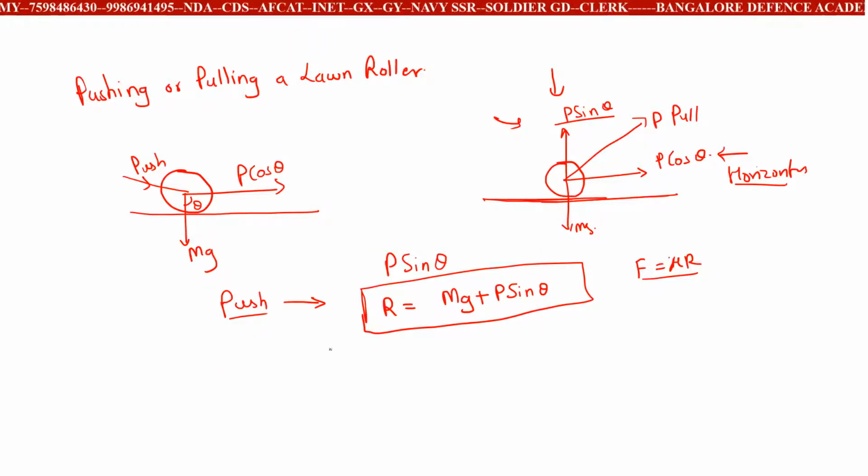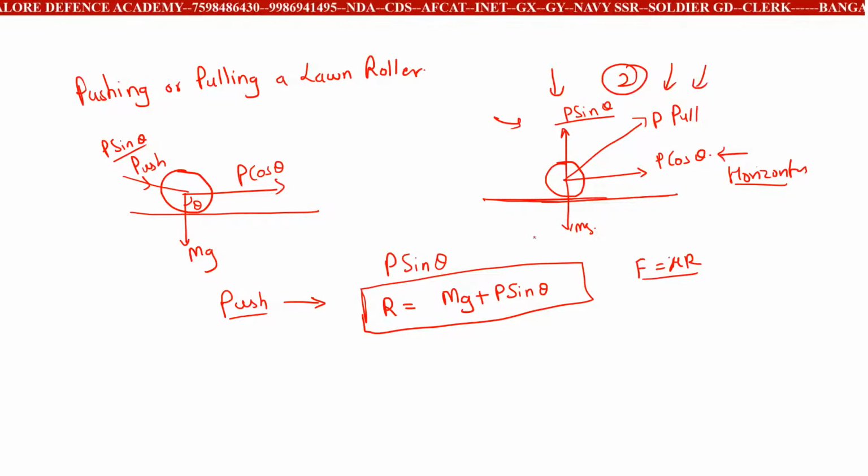Now, let us try to understand the other case, when we pull. The vertical component P sin theta is in the upward direction. So when we are going to pull it, P sin theta is going to act upwards. It acts opposite to the weight, hence the reaction gets a minus sign.